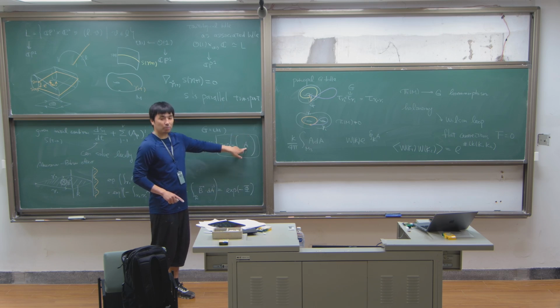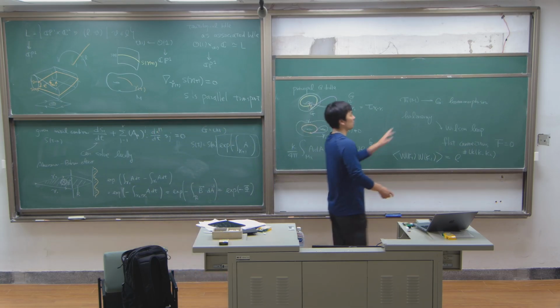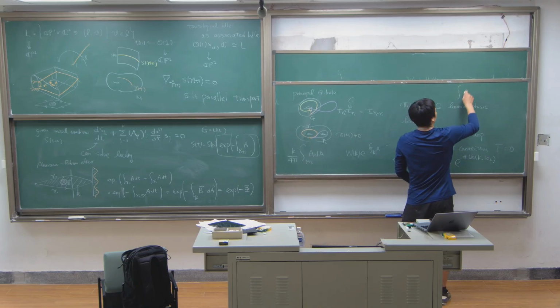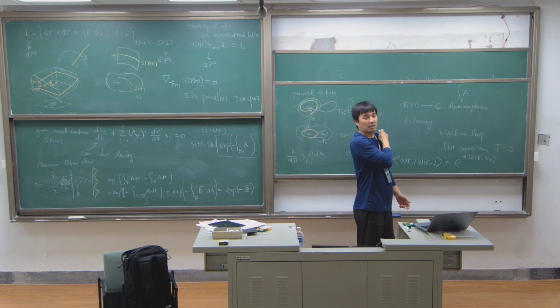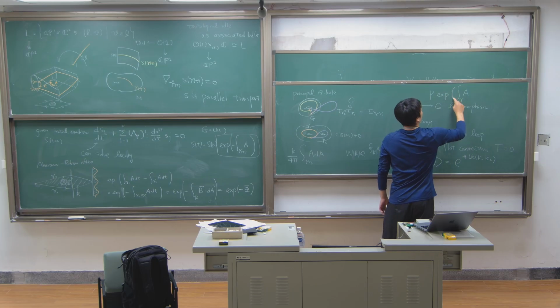It's just numbers, which commute. But for the non-commutative case, for the usual Lie group case, gamma needs to be taken in the path-ordered way. So P exponential like this.